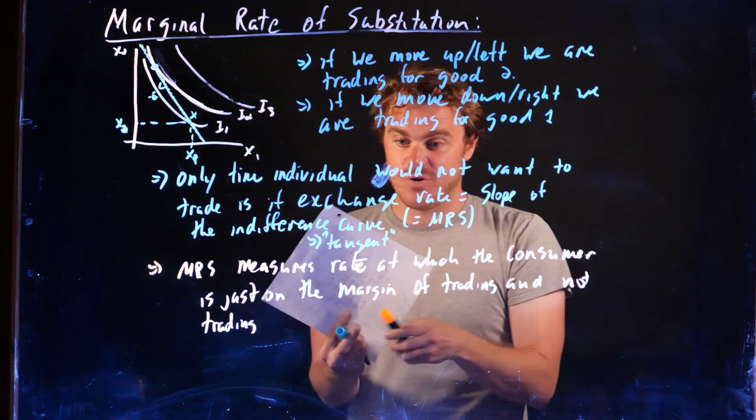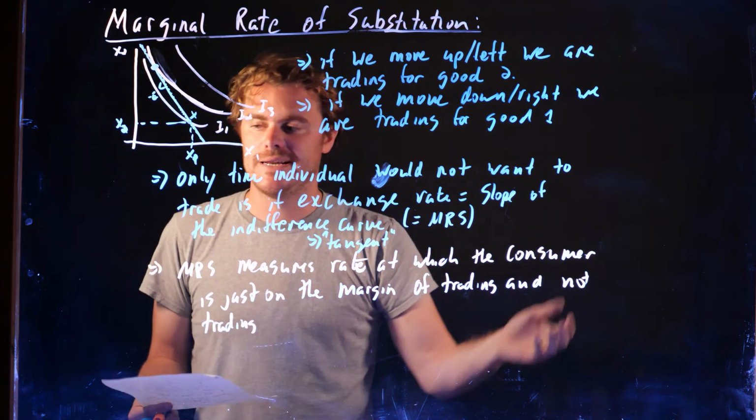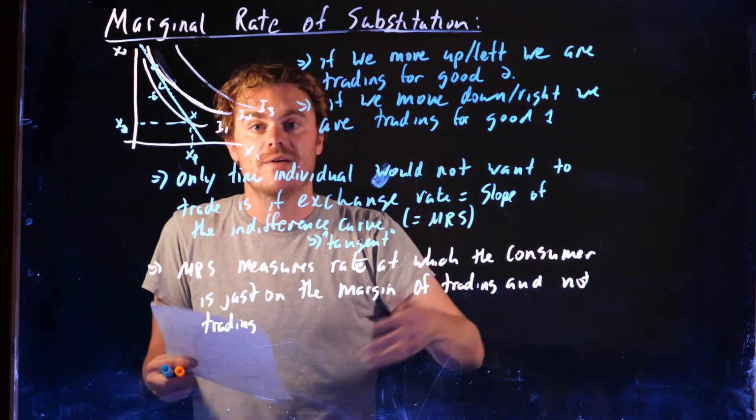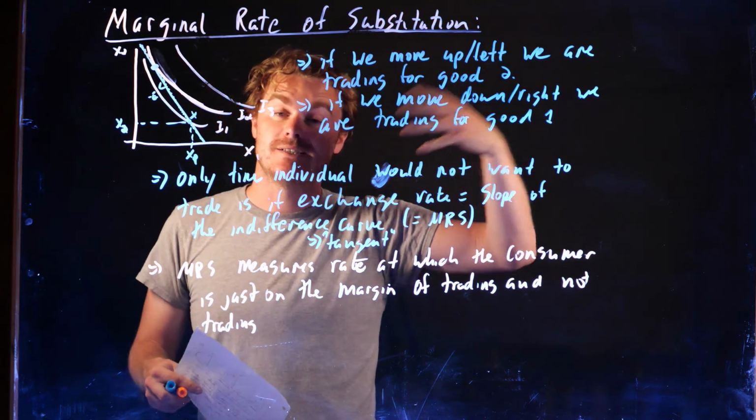The MRS measures the exchange rate at which the consumer is just on the margin of wanting to trade and not wanting to trade. So that's one way of thinking about this marginal rate of substitution. Now let's think about it in a slightly different way.